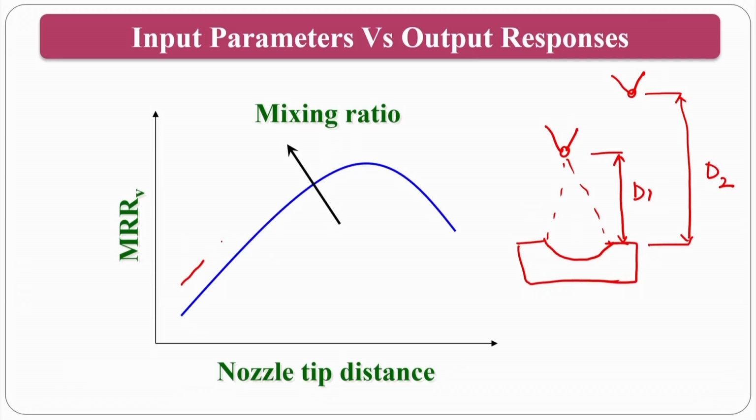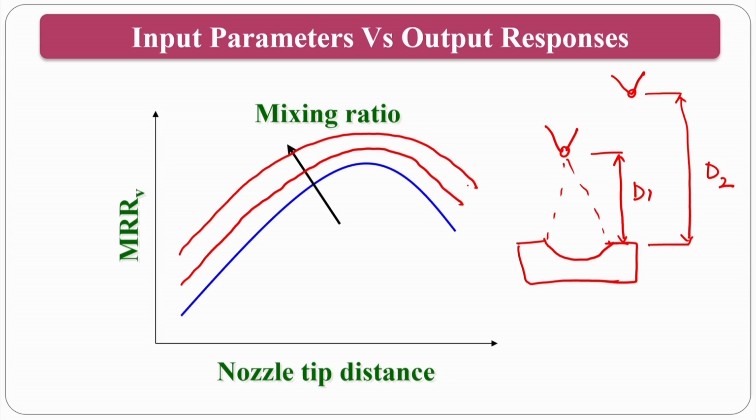If your mixing ratio is high, that means the abrasive particles are high. Normally, you expect the curve to move like this. Beyond a certain value, again it goes down, because of the same reasons as in the previous slide: it decreases the velocity and it may block the nozzle also.